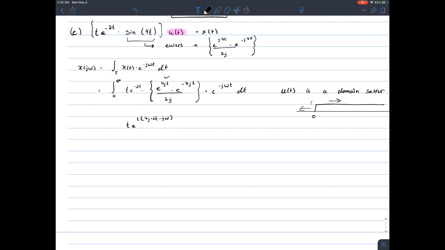Okay, so that got this. And we're actually going to move the 2j out on the bottom because it's a constant.